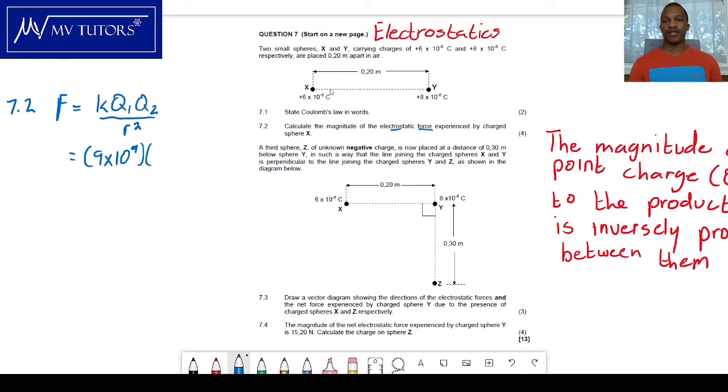And then what's Q1? Q1 is 6 times 10 to the power minus 6. And then Q2 is 8 times 10 to the power minus 6. And then divided by, what's the distance between them? 0.2. So we put 0.2 and then square it.